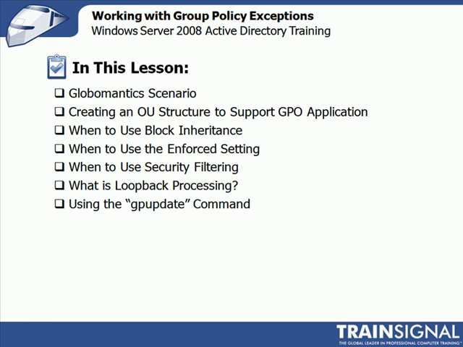In this lesson, we're going to expand upon that and see exactly how to configure your Active Directory infrastructure by creating an OU structure to support this GPO application, as well as how to alter the default LSDOU application processing order by using things like block inheritance, enforced, and security filtering. I'll also go over a setting called loopback processing and introduce you to the GP update command.